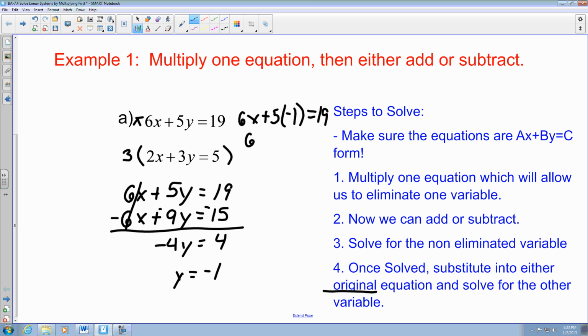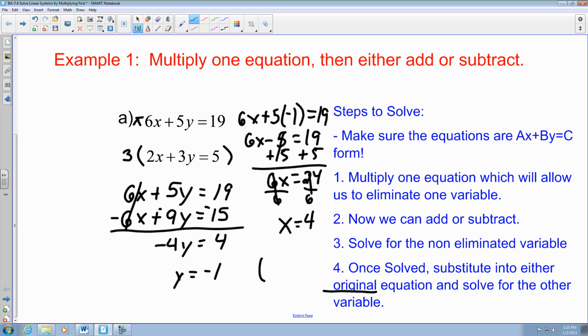So now I have 6x minus 5 equals 19. If I add 5 to both sides, that cancels, so that leaves me with 6x equals 24. And if I divide both sides by 6, I get x equals 4. So my ordered pair here will be 4, comma, negative 1.